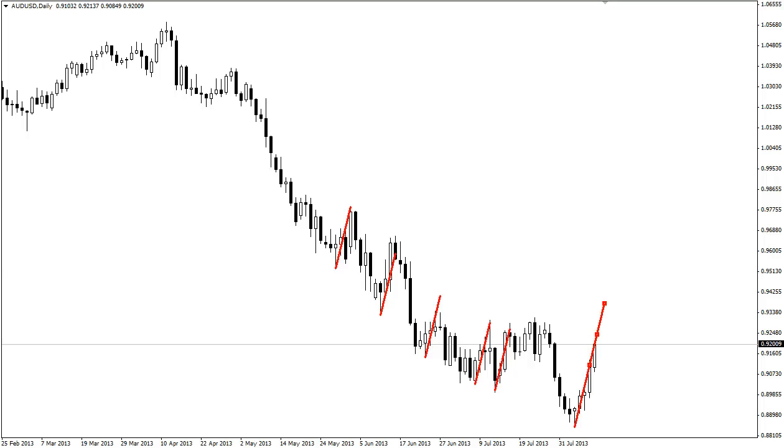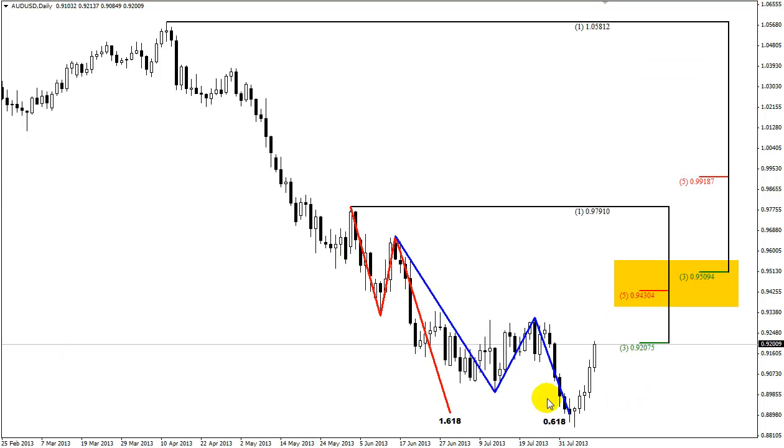By the Fibonacci framework, we can see that the market completed the targets of these two ABCDs. The first one was completed at the 1.618 extension, and most importantly, the second one was completed just at the 0.618.